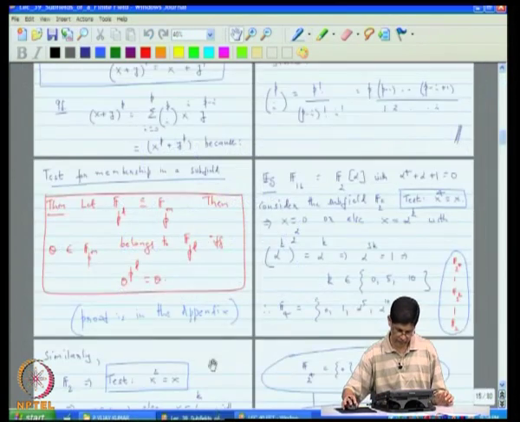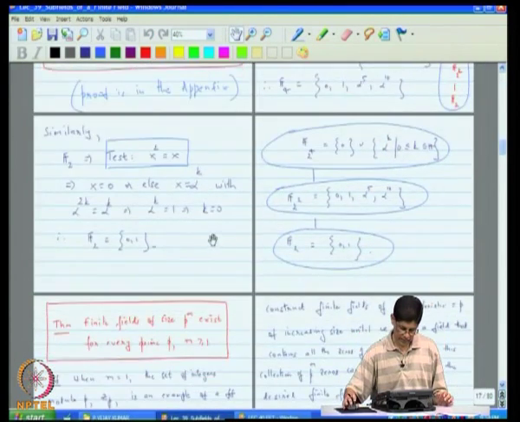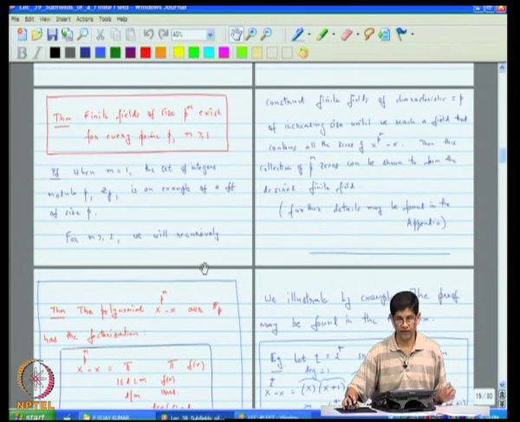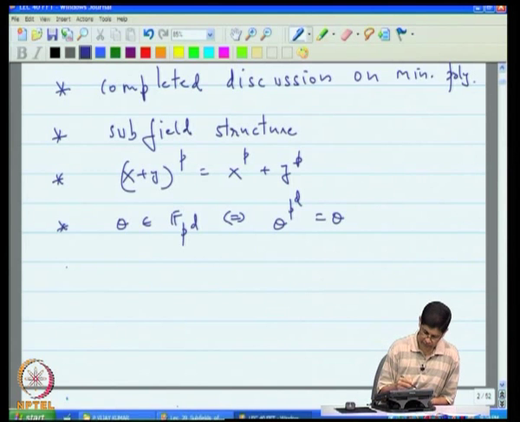All right. And then I sketched very briefly the proof that finite fields of every size p to the m exist for every prime p and every m greater than or equal to 1.